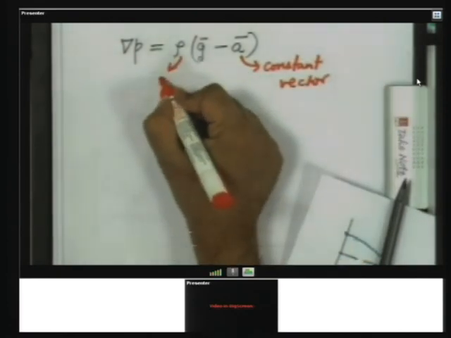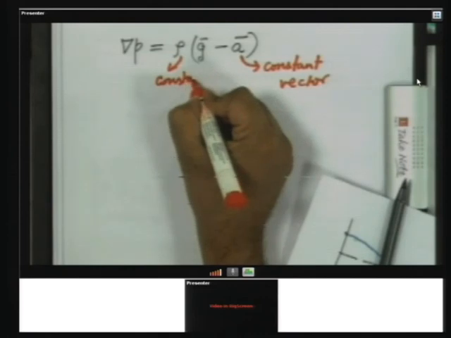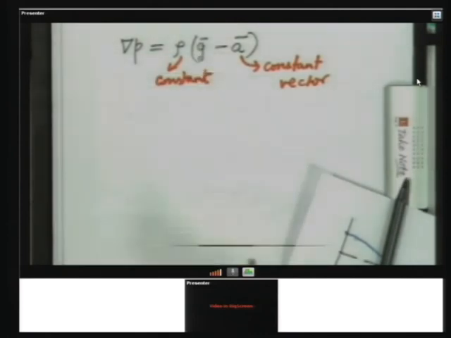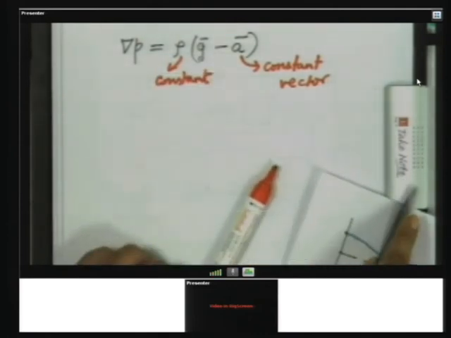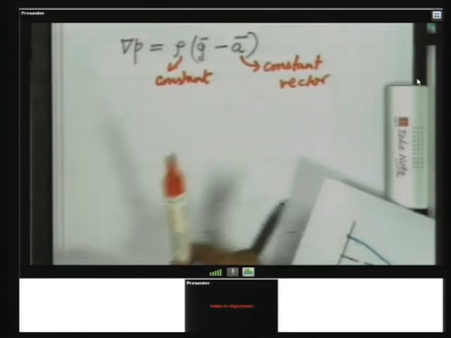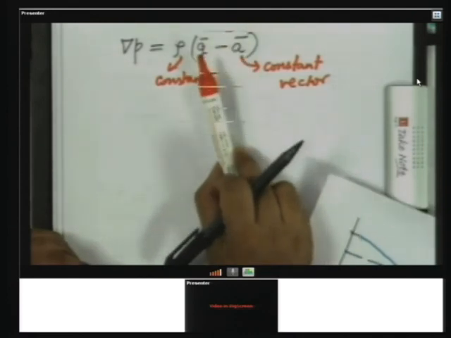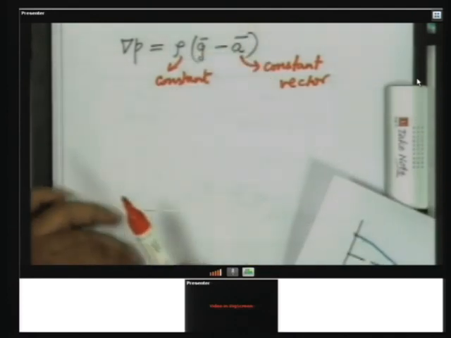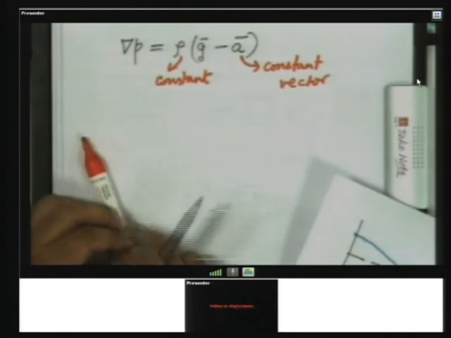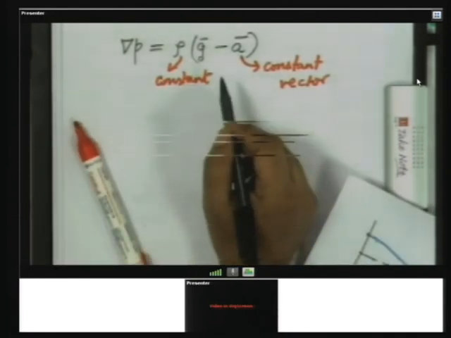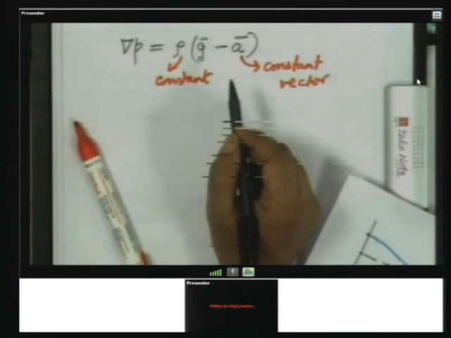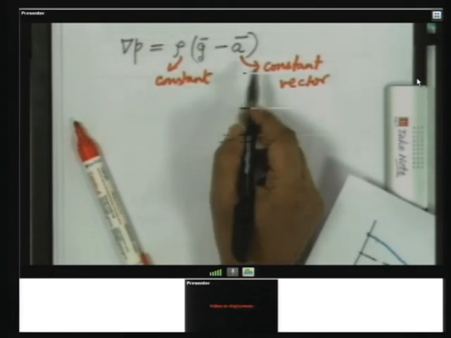Rho also is a constant, and for us G is a constant. Now, we have seen the solution when A was 0. So, if you simply replace G by G minus A, you get the solution for the case when the fluid is undergoing a constant, constant rectilinear acceleration.